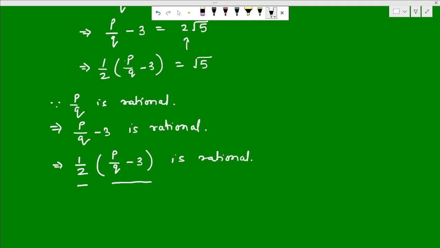That means this whole LHS we are getting as a rational number, but in RHS we have an irrational number, and in between these two we have the sign of equality. But a rational number can never be equal to an irrational.